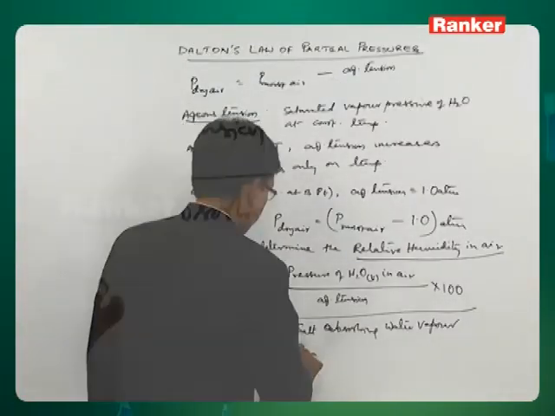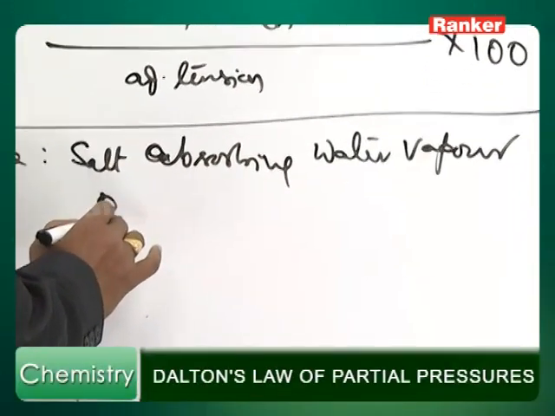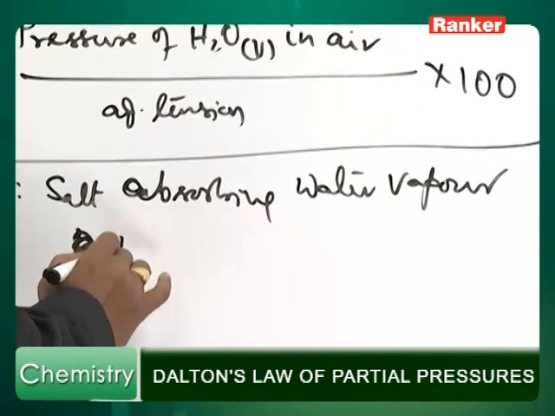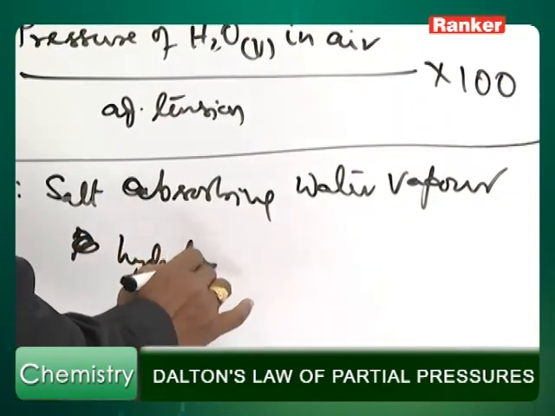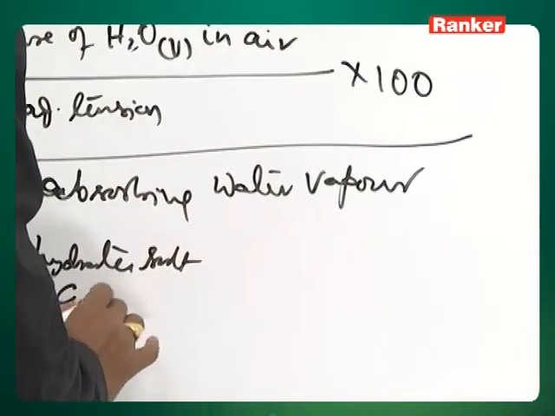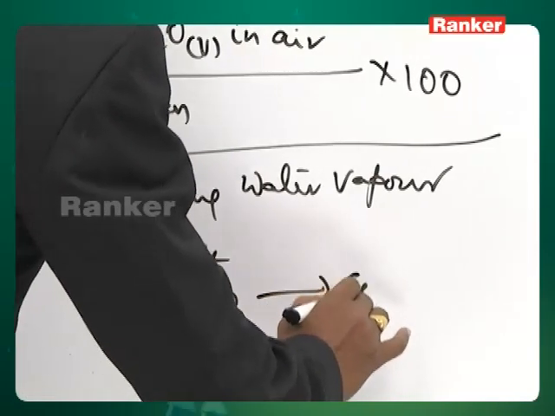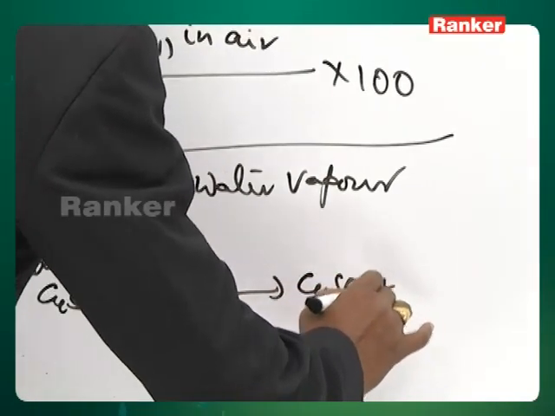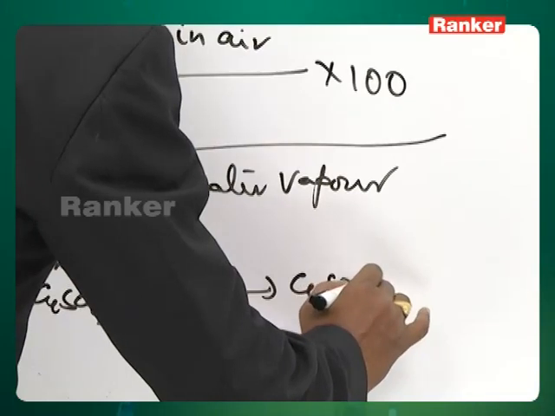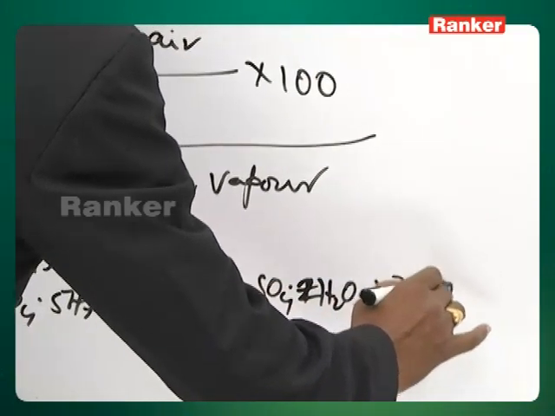If the partial pressure of a hydrated salt, like CuSO4·5H2O becomes CuSO4·2H2O plus 3H2O vapor.